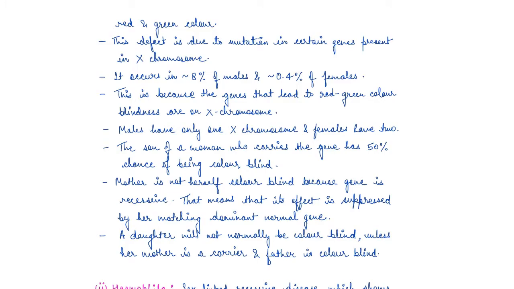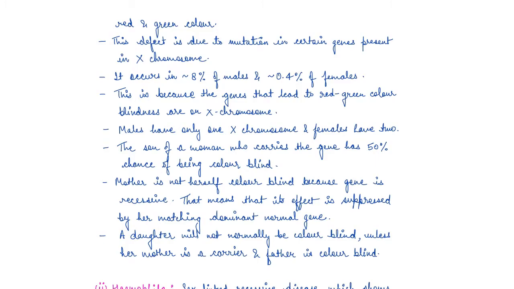So, the son of a woman who carries the gene, remember what I'm saying, hear it very clearly, has a 50% chance of being colorblind, right? The mother is not herself colorblind because the gene is recessive.